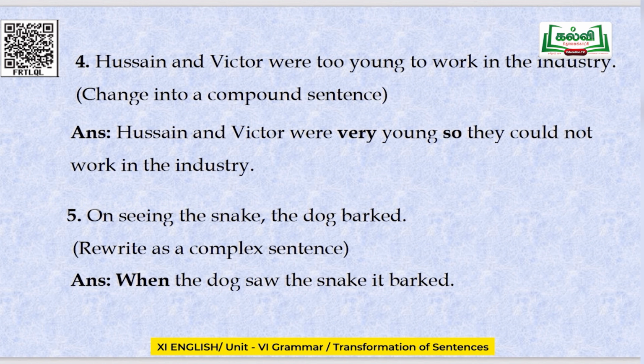In the place of too, T-O-O, you're going to use very. Hussein and Victor were very young. What happened? So, they could not work in the industry. So, the answer is Hussein and Victor were very young and so they could not work in the industry.